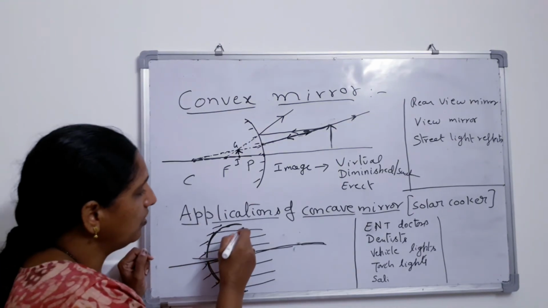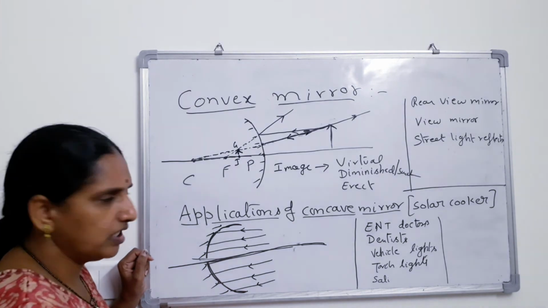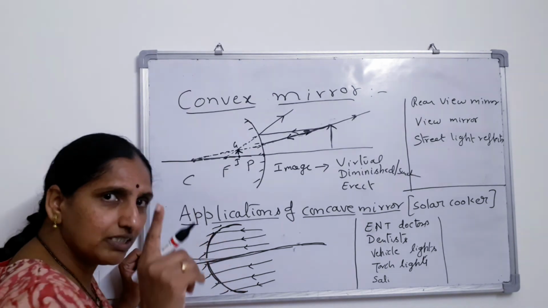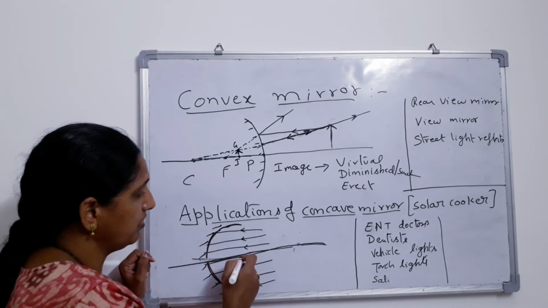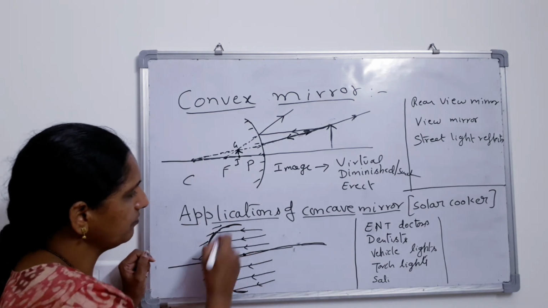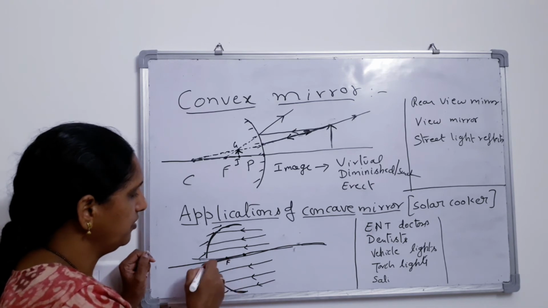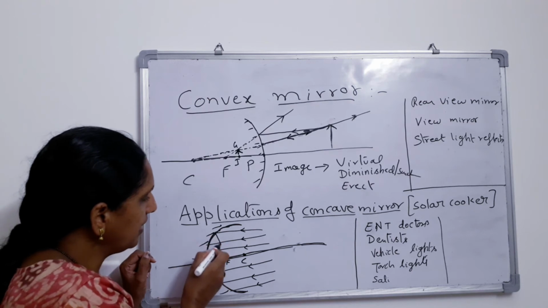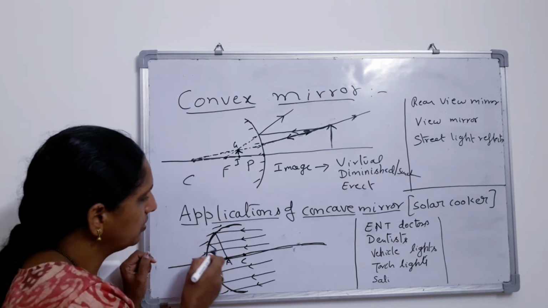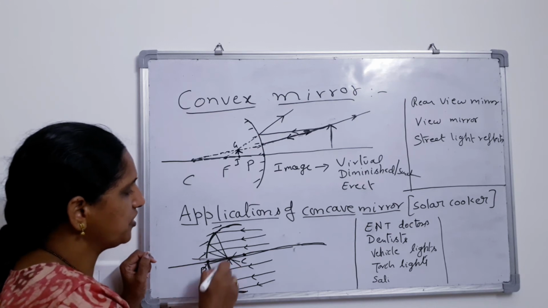Now all these rays which are incident here, you know pretty well, will pass through only one single point, that is the focus of the mirror. Let us suppose the center of curvature is somewhere here. Exactly at the midpoint of the pole and the center of curvature, you have the focus. Every light ray passes through this after reflection.